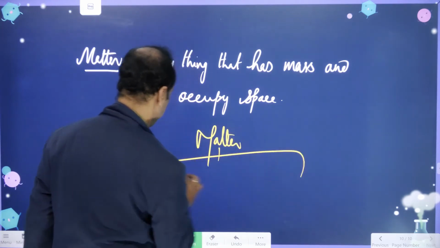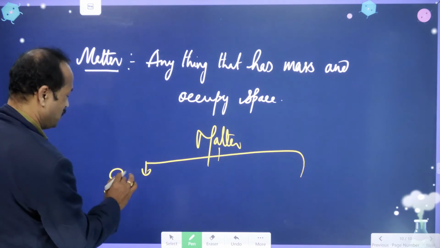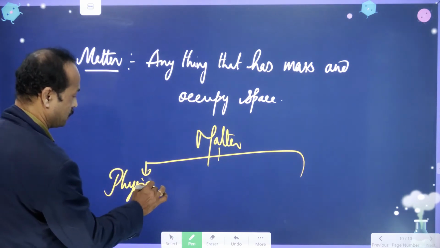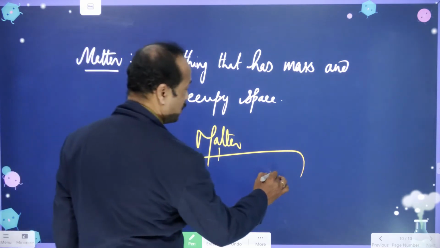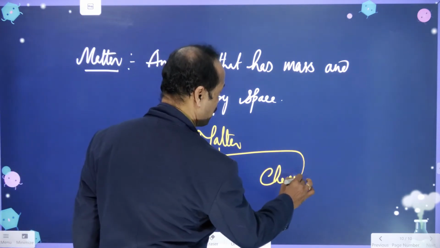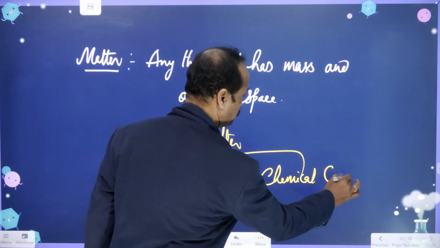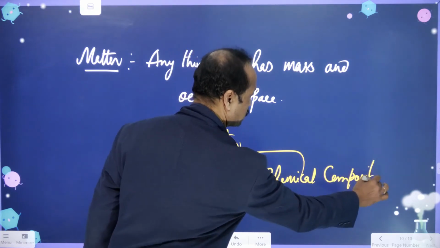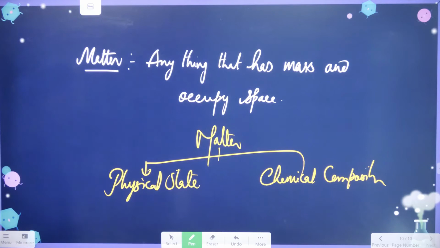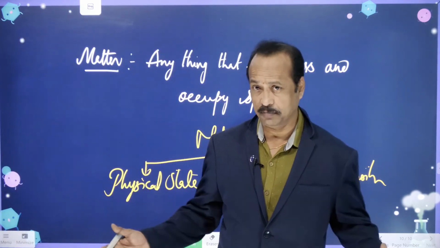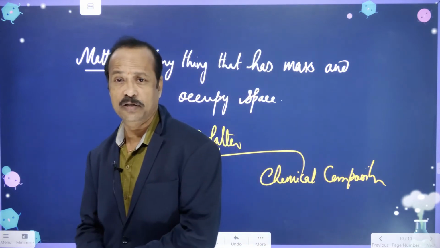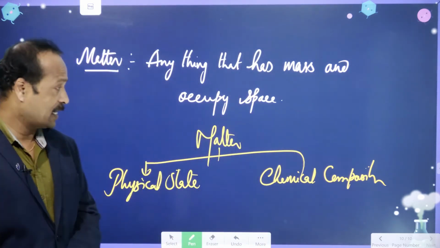One is based on the physical state, and the second one is based on chemical composition. So matter can be classified mainly into two types: one based on the physical state, and the second based on chemical composition.